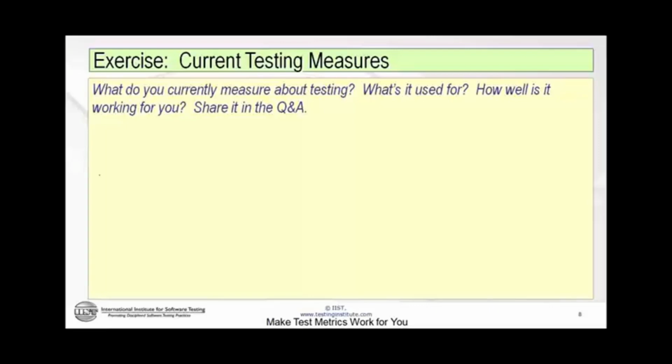So if you would, please put into the questions box what you're currently measuring about testing, how those measures are used, and how well it is working for you, why or why not. Once again, we'll let Magdi keep an eye on that. So let's find out what people are currently measuring.